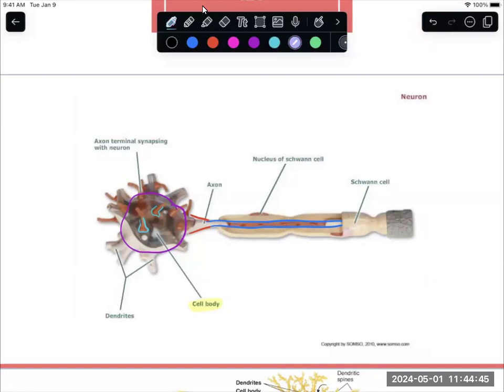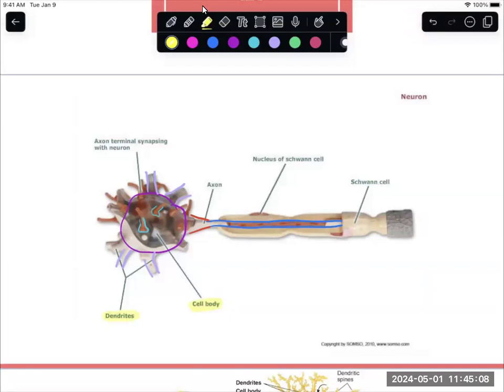Our dendrites are the portions here that come off of the cell body. They have them on all sides here. These dendrites are where we receive. It's just another place where we can receive information from other neurons.